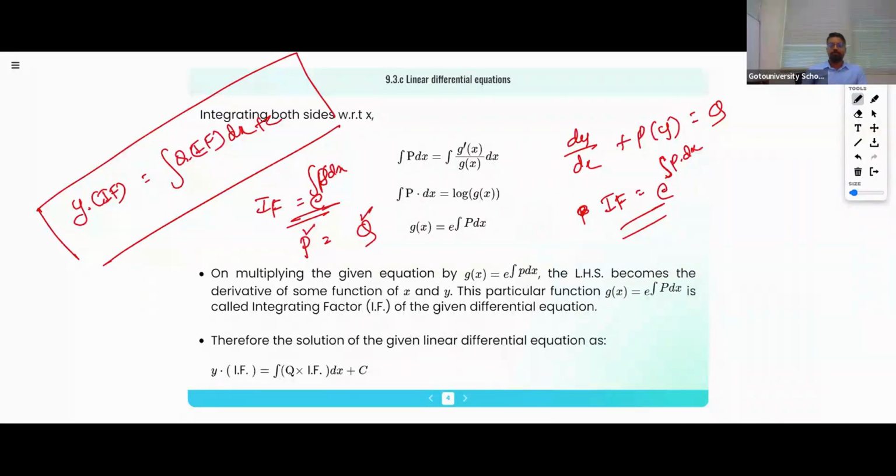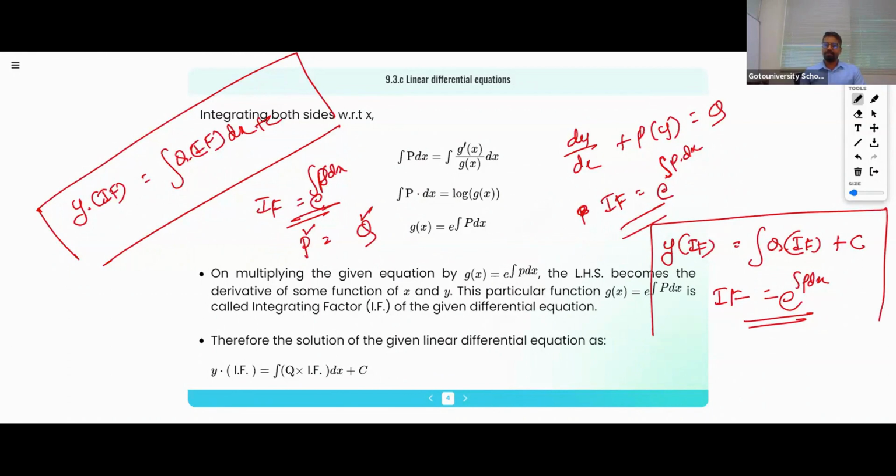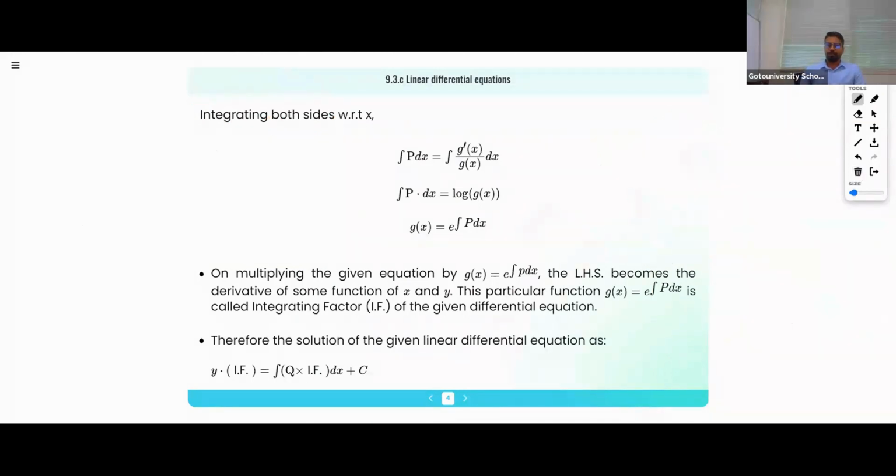So in that case, we are going to solve the entire thing with this format: y into the integrating factor is equal to the integral of q into the integrating factor plus c. And what is that integrating factor? The integrating factor is e power integral of p dx. So this much is enough. This much knowledge is enough for us. Why, how? We don't have time for that right now. So let's just follow these steps carefully in solving the question.